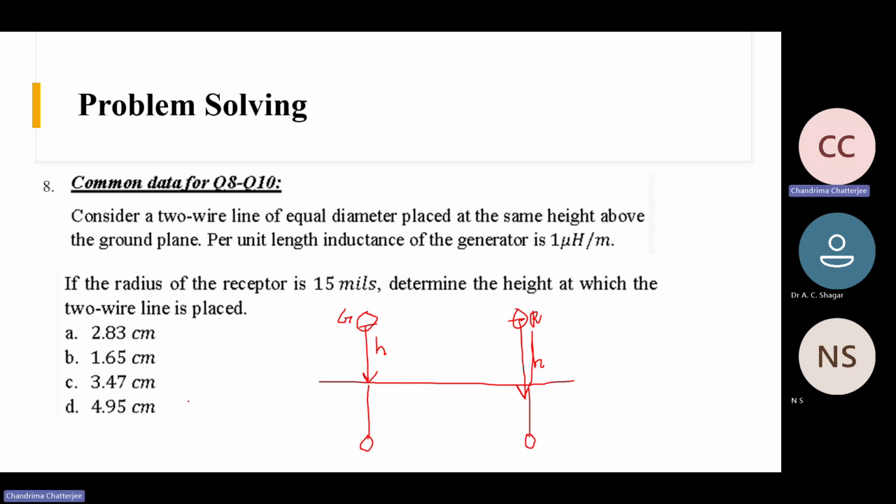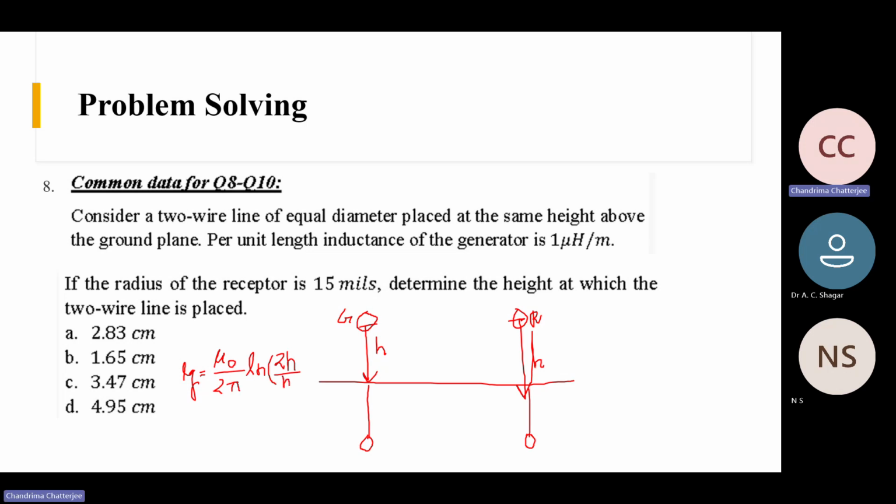What is Lg? Lg is given as 1 microhenry per meter, and we know how to determine Lg. Lg is mu naught by 2 pi ln of 2h by r.